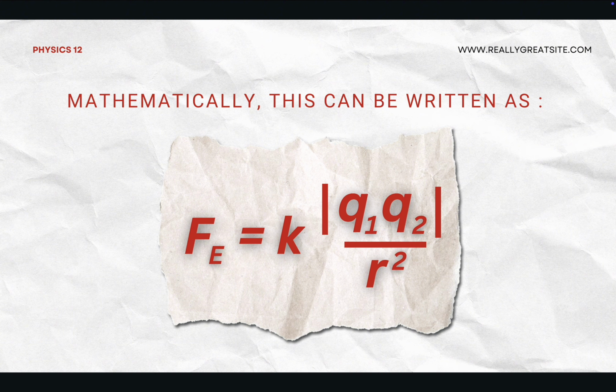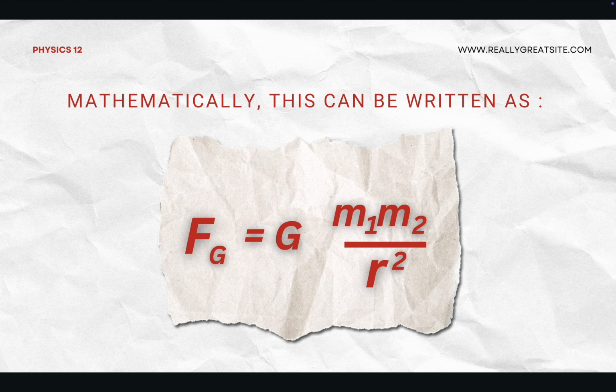Mathematically, this can be written as F sub E equals k q sub 1 q sub 2 over r squared. Ito yung gagamitin natin na formula for Coulomb's law.